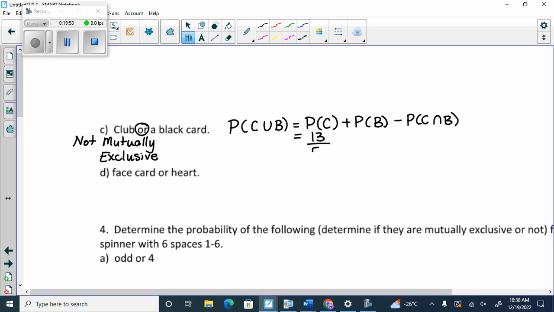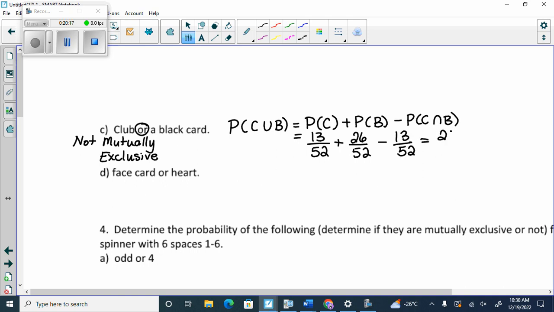How many black cards? 26. How many clubs are black? All of them, correct? So we counted the black clubs here and the black clubs here, so we have to take off 13 of them. So it's actually just half the deck.